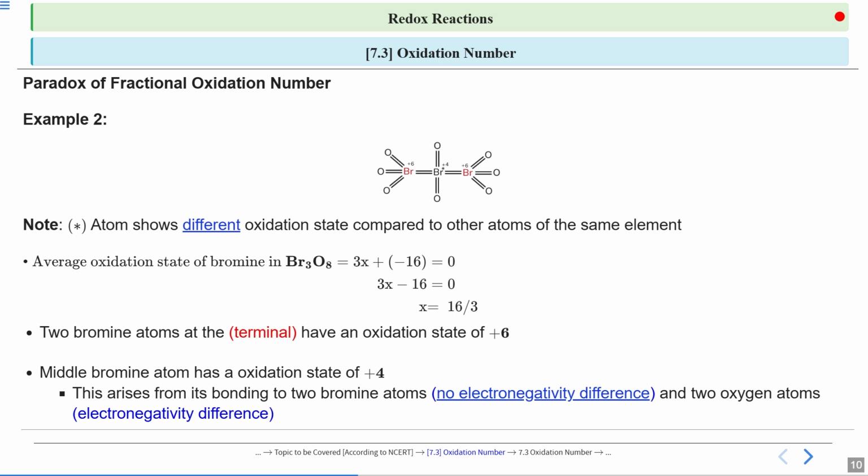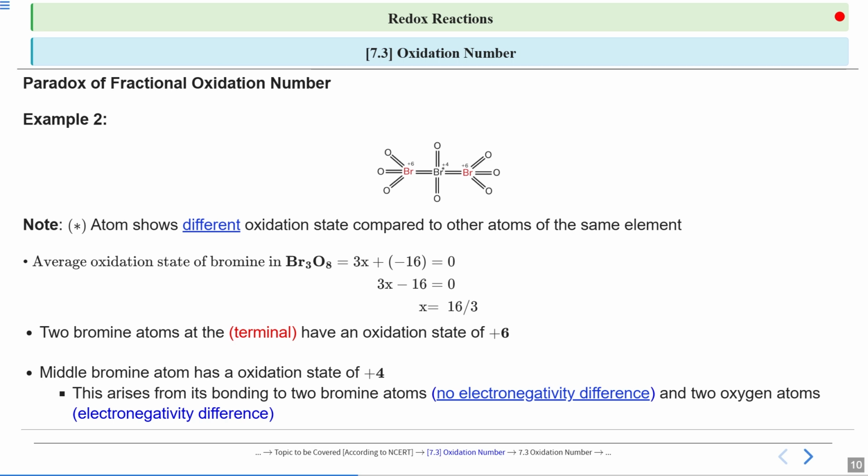Why is it now having an oxidation state of +4? This arises from its bonding to 2 bromine atoms, which do not have any electronegativity difference, and 2 oxygen atoms, and these 2 oxygen atoms between themselves are also the same.